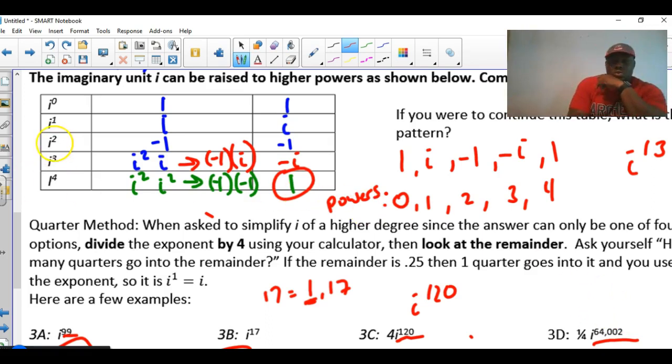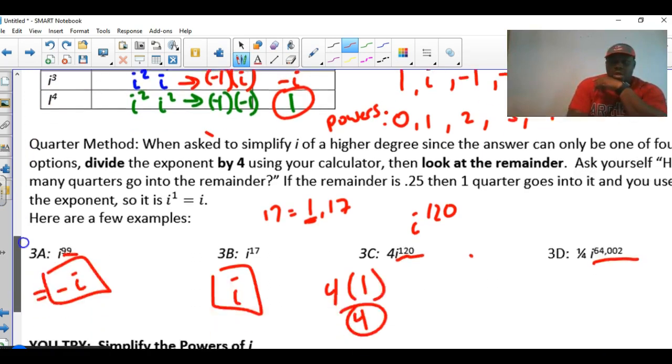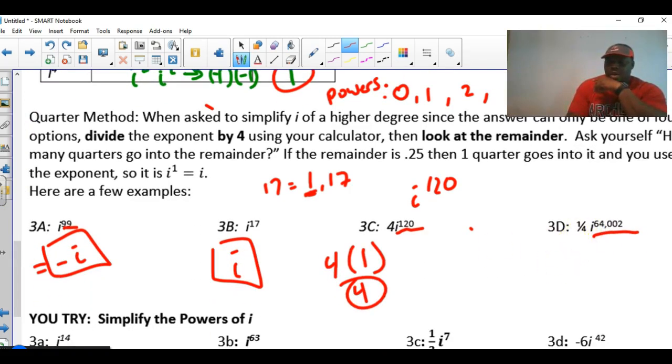So 2 quarters, or 2 as the exponent, is negative 1. So i to the 64,002 is negative 1.